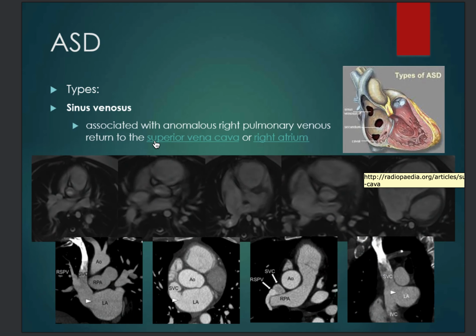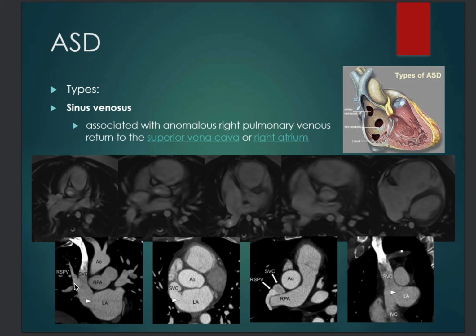The second type would be the sinus venosus type, which is at the level of the draining point of the superior vena cava to the right atrium, where the septum is deficient, so the superior vena cava would communicate with the left atrium. In most cases, this is associated with a partial anomalous pulmonary venous return. So one of the right-sided pulmonary veins, either the right upper or the right upper and right middle, would drain into the superior vena cava.